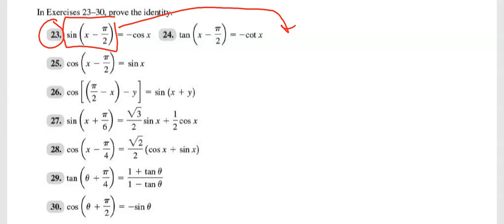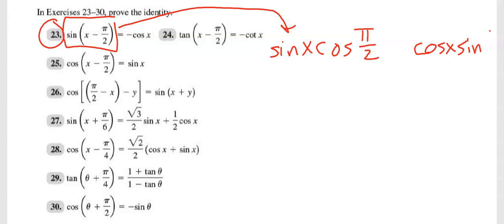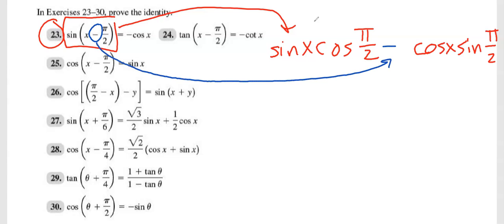And so the sine formula says sine of the first, cosine of the second, cosine of the first, sine of the second. And what goes in between, since I see a minus right there? A minus. Okay, you show me what's next.